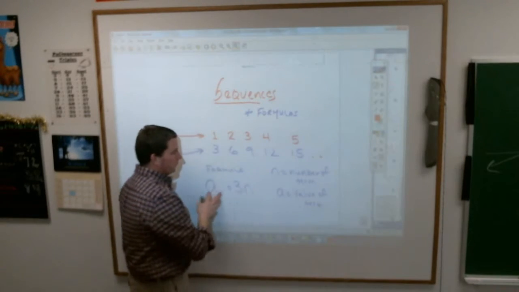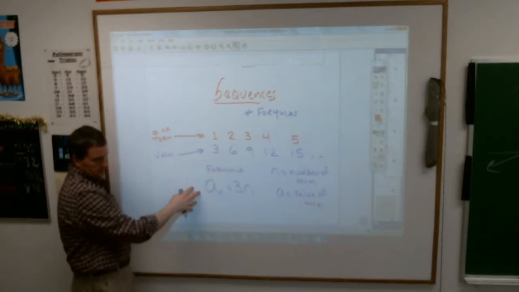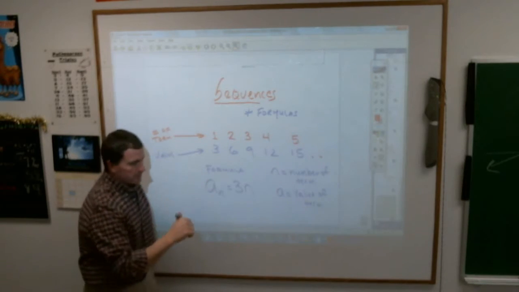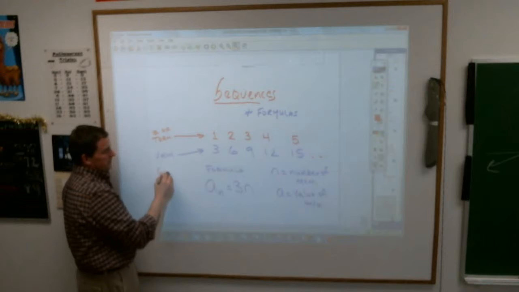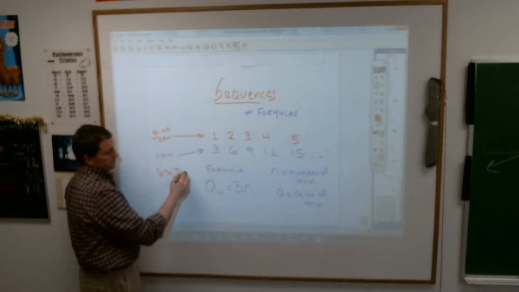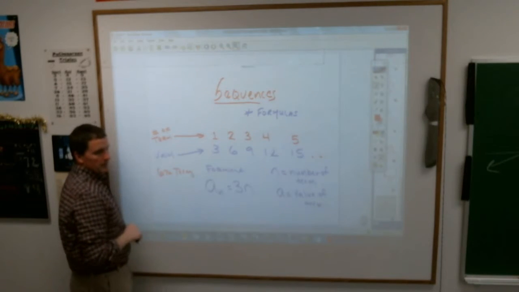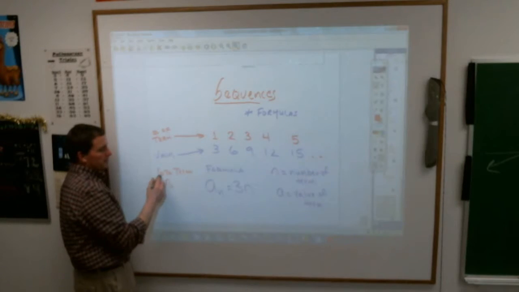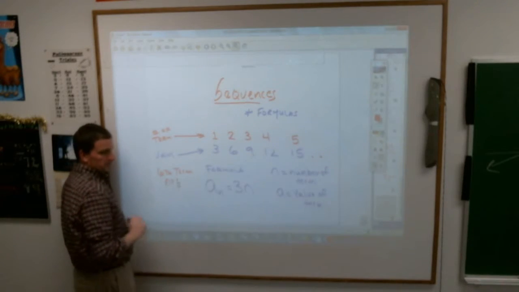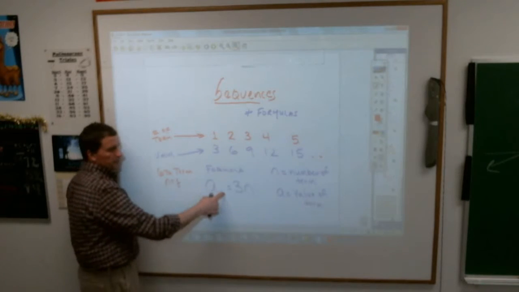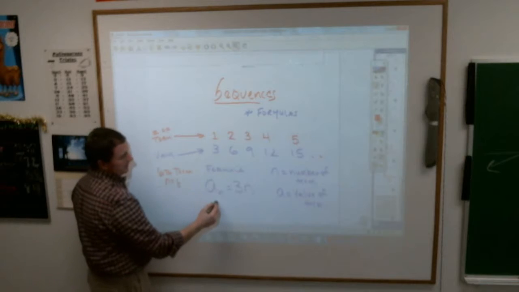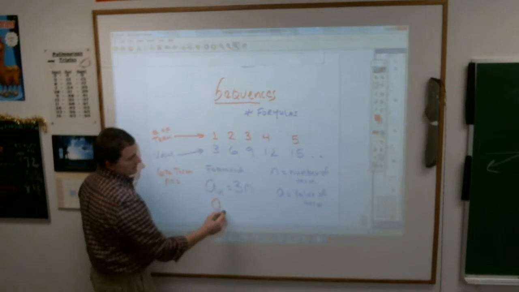So if you have a formula like this, let's say I asked you for the next term, which is the 6th term. If I want to know the 6th term, okay, what is the letter n? For every place I see an n, I put a 6. Okay, so here's my formula. The letter n is 6, so I write it like this. A sub 6.